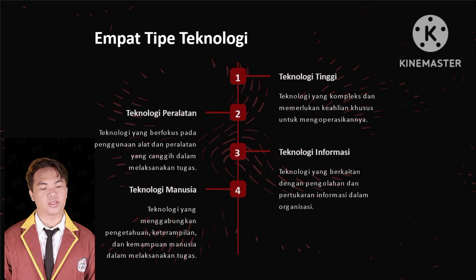Determining appropriate systems and technology. By understanding the type of technology used, organizations can select and implement appropriate systems and technology. This allows them to increase efficiency, productivity, and flexibility in their operations.